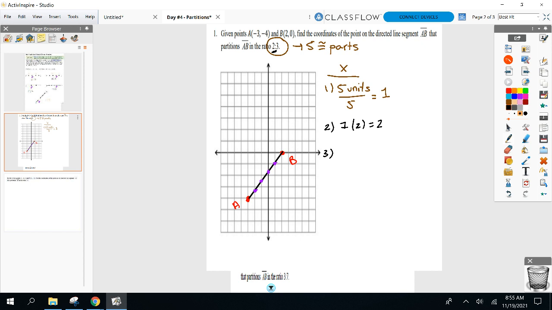I started at -3, and how many units do I need to move to hit this 2 to 3 point? 2 units. So -3, I went over 2 units. Where's my ending point? -1 on the x-axis. So I know my x-coordinate is going to be -1.